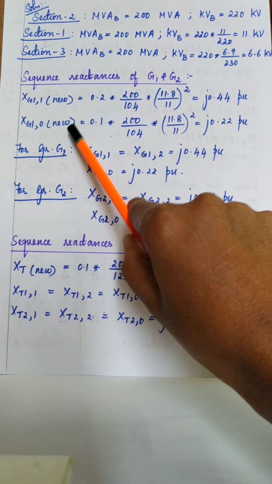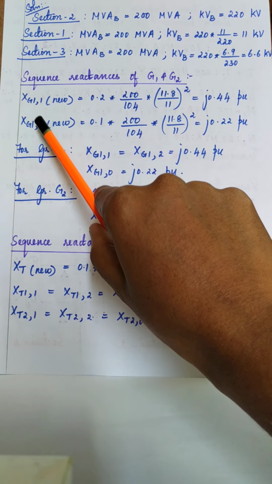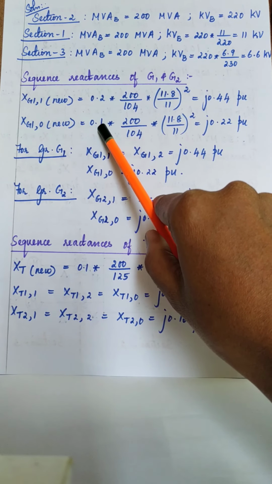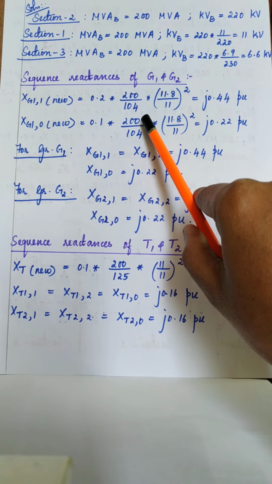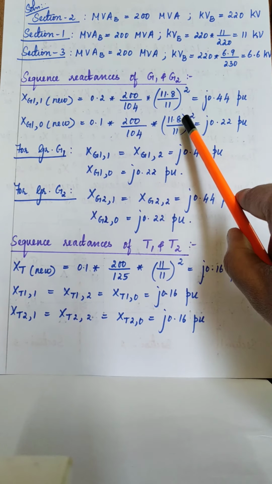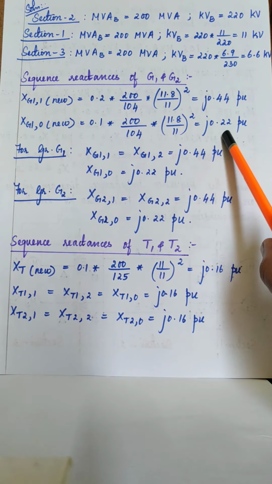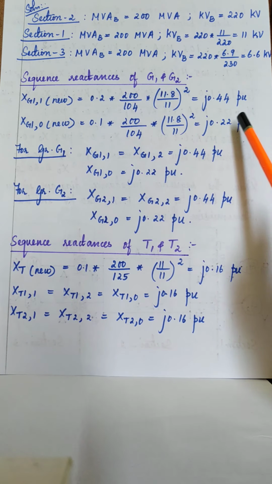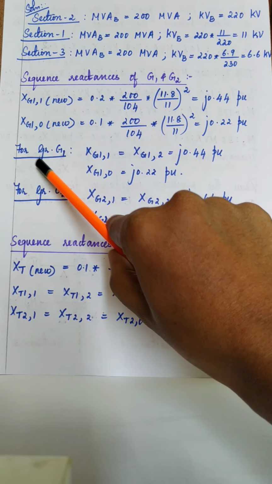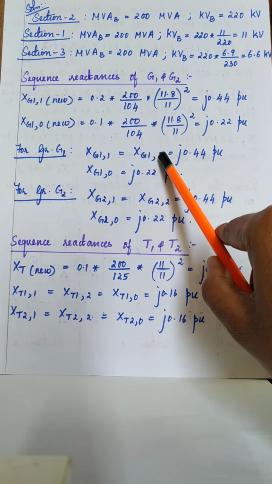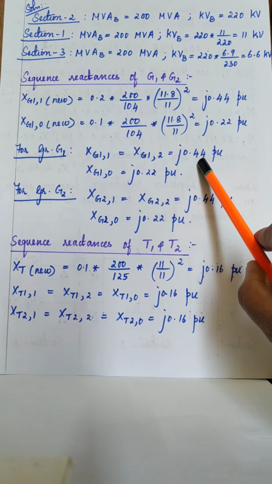In the same way, calculate the new per unit value of the zero sequence reactance of the generator. Xg1,0 is equal to old value 0.1 into new MVA by old MVA into (old KVB by new KVB) the whole squared. You will get it as 0.22 per unit. So now we are writing down separately. For generator 1, the positive sequence reactance is equal to the negative sequence reactance is equal to j0.44.